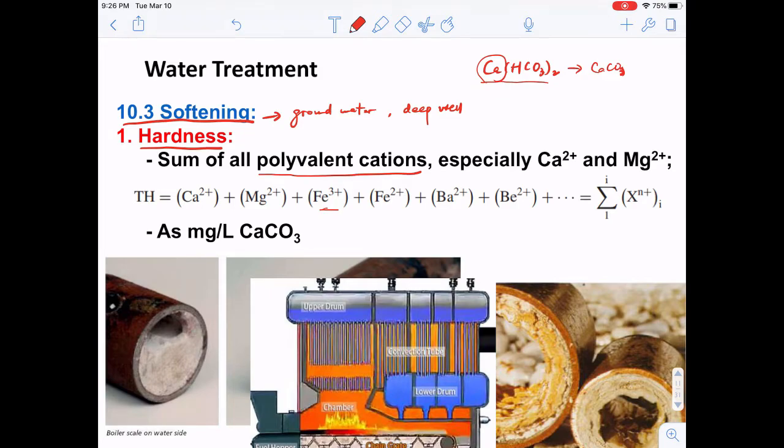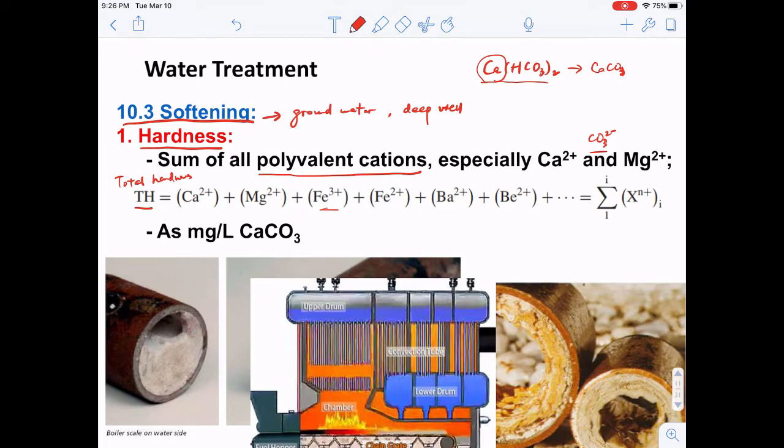If we want to calculate this hardness, TH here means total hardness. We cannot directly add all of these mass concentrations together because they are not the same type of species. Basically, this represents how much carbonate solid is going to form after they are heated.